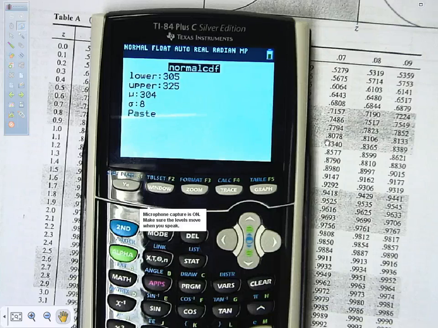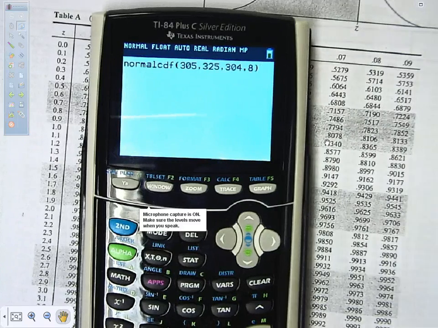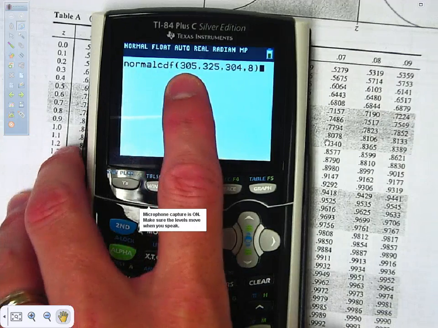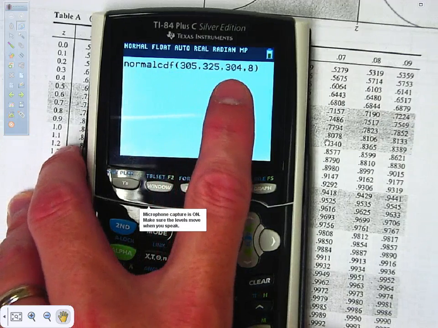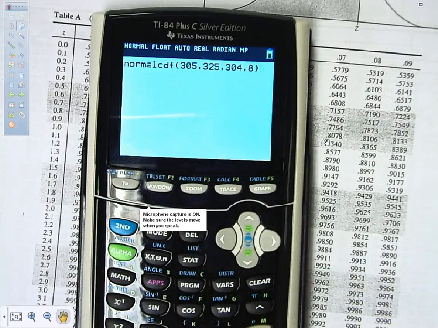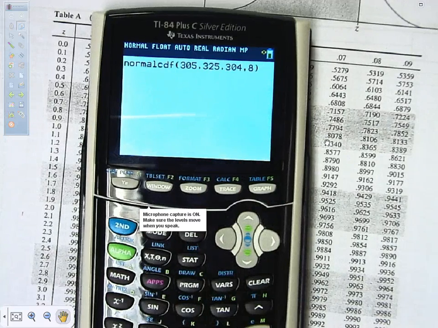Right, and then we hit paste, and 83ers or any 84s that don't have their operating system updated should be looking at this. You need to type in lower bound, comma, upper bound, comma, mean, comma, standard deviation. And when you hit enter on this, it will give you the proportion of his drives that are between 305 and 325 yards and make your calculations a little bit shorter.